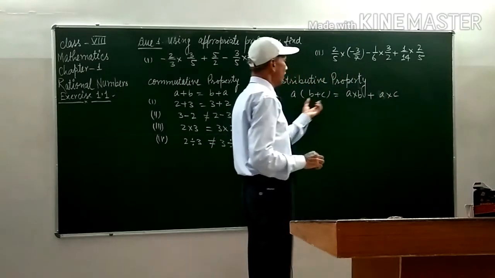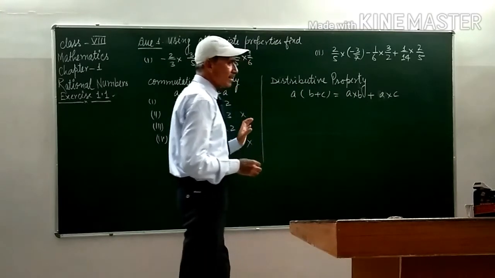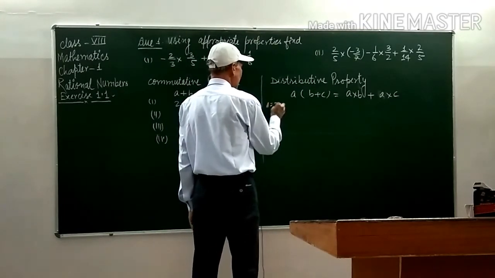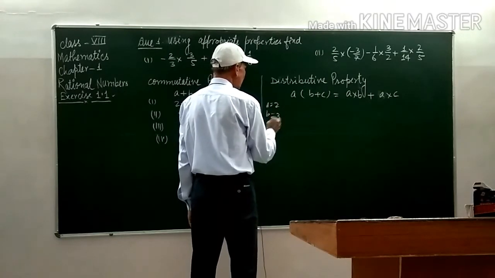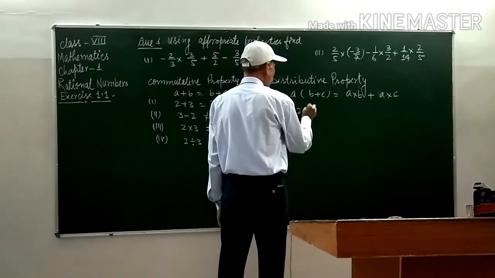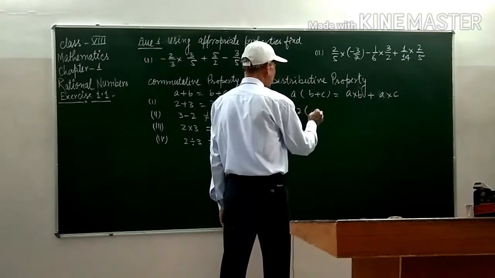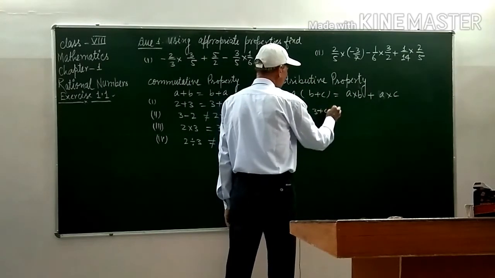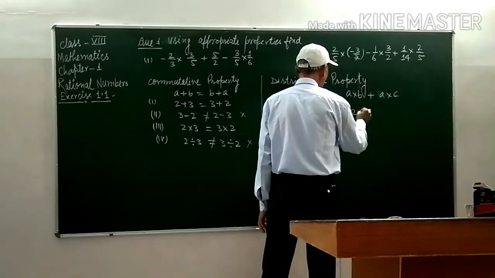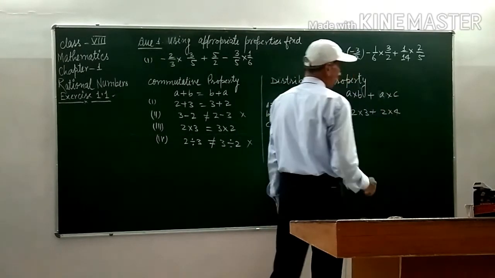Suppose we take three numbers: a is equal to 2, b is equal to 3 and c is equal to 4. If we multiply a by the sum of two numbers, 3 plus 4, this will be equal to 2 into 3 plus 2 into 4.